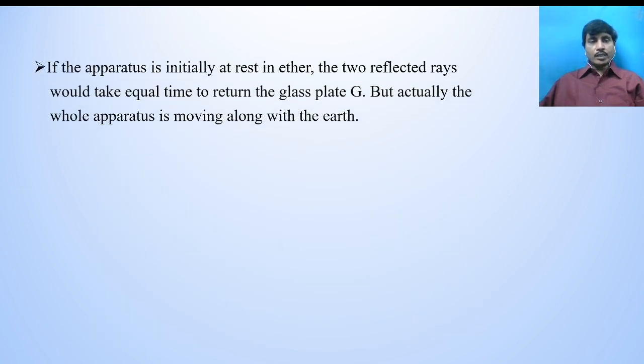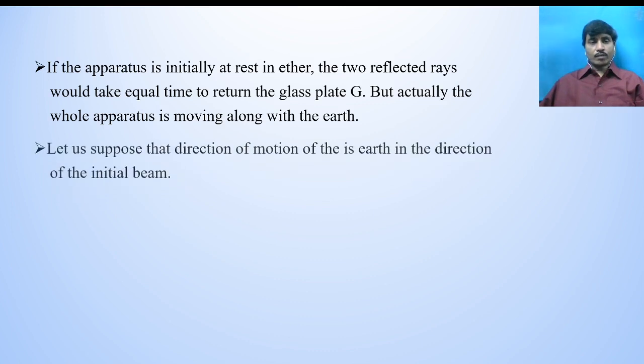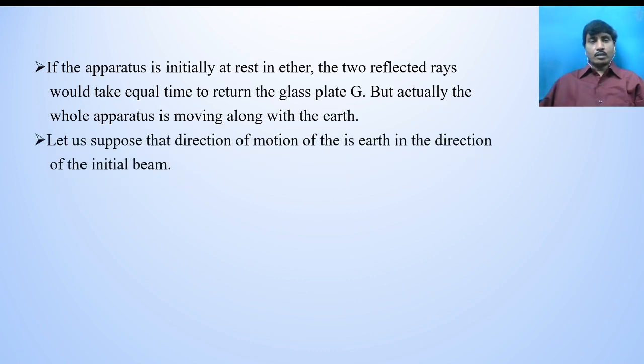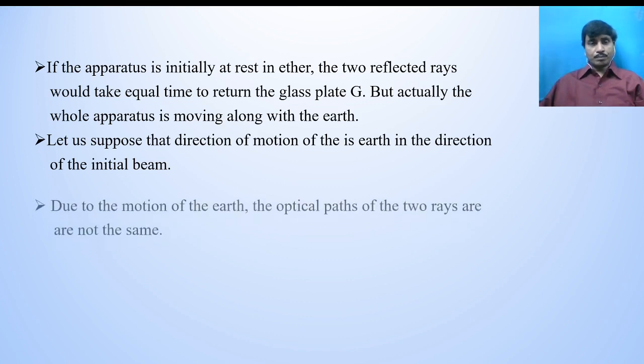If the apparatus is initially at rest in the ether, the two reflected rays would take equal time to return to the glass plate G. But actually, the whole apparatus is moving along with the Earth. Let us suppose that the direction of motion of the Earth is in the direction of the initial beam.